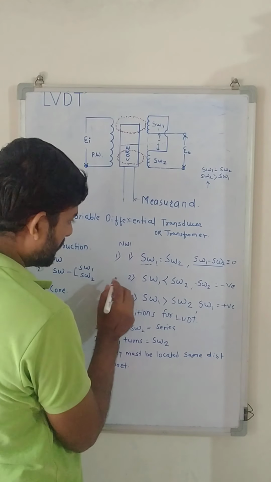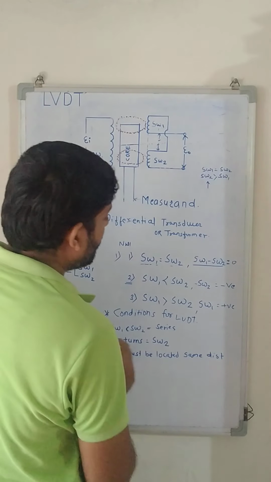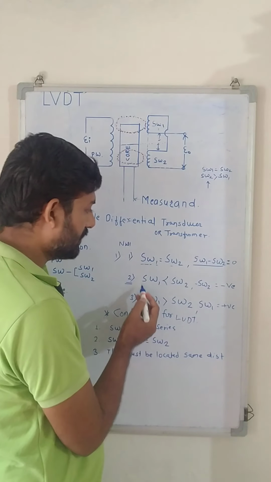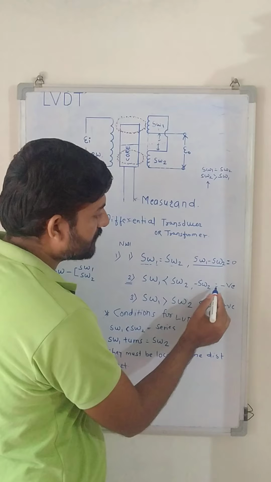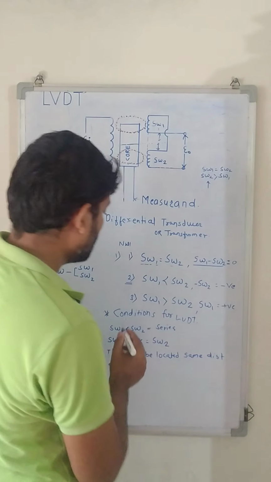Now let us move to equation number 2. When the EMF generated in secondary winding 2 is greater than secondary winding 1, what will be the equation? We will get minus SW2, which is negative. So this is the equation we get in the second case.